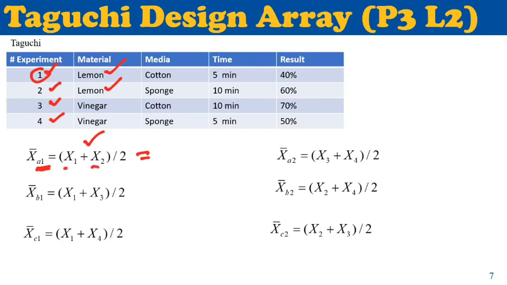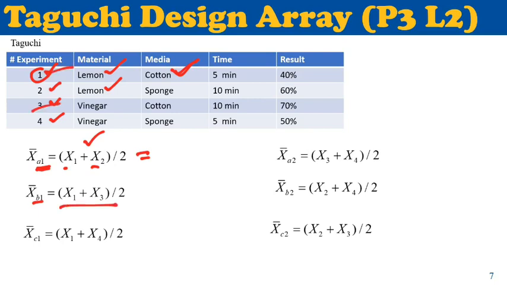And for another example, we can have the average of parameter 2, level 1, which would be my cotton. So the second parameter B is media, and its first level is cotton. And where this cotton belongs, experiment 1 and experiment 3.